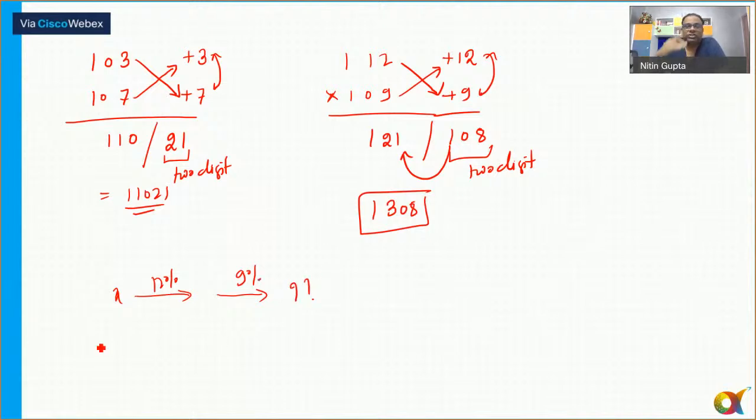A 12% increase means 1.12x, and a 9% increase means 1.09 into 1.12x, so I need to multiply these two. Such calculations are very common in data interpretation and especially in questions based on percentages. So 1.09 into 1.12.